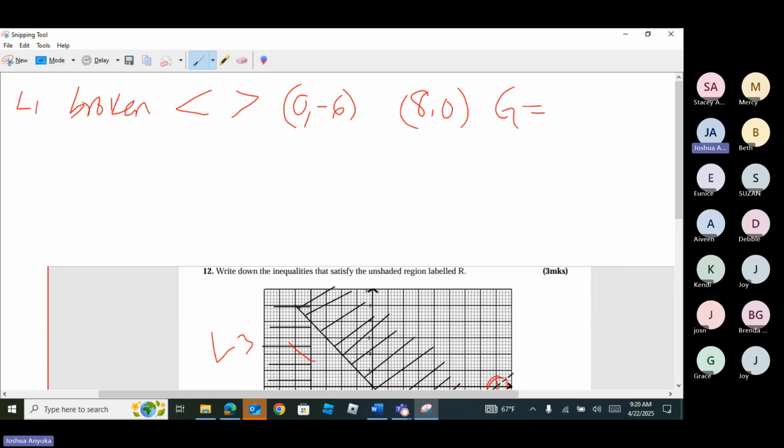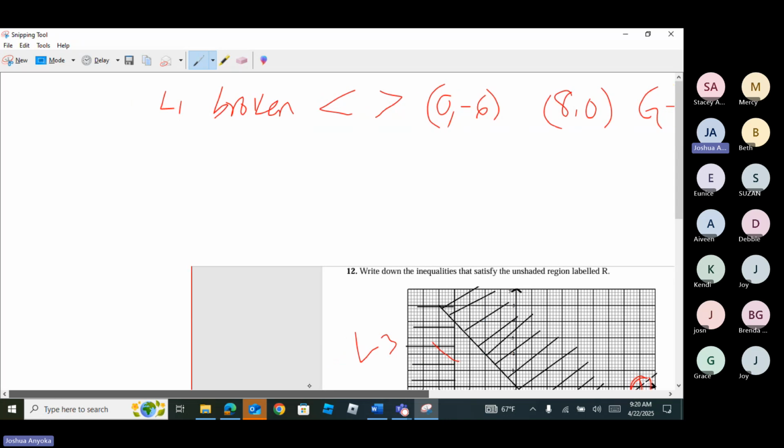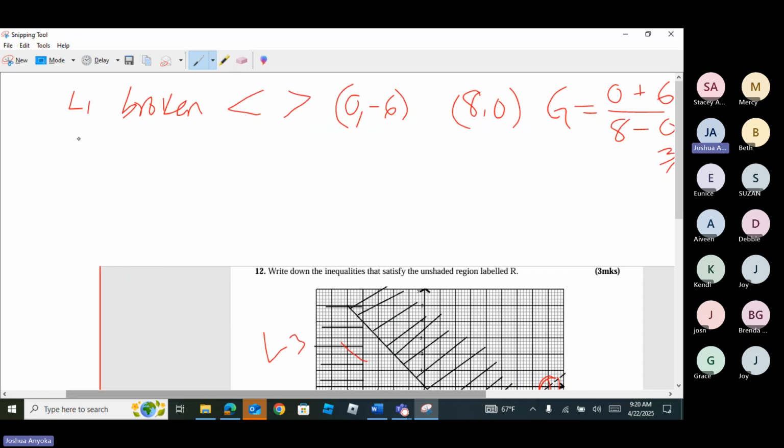Gradient, change in y over change in x. 0 minus negative 6 over 8 minus 0. This one gives us 6 over 8, the same as 3 over 4. That's the gradient. Equation of straight line: y is equals to mx plus c, where m is the gradient.